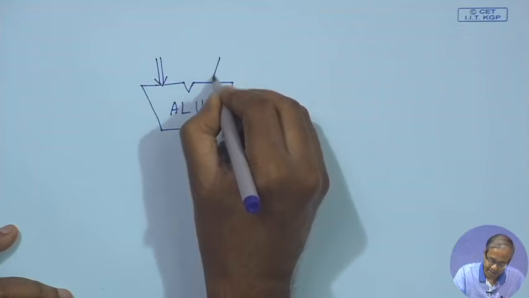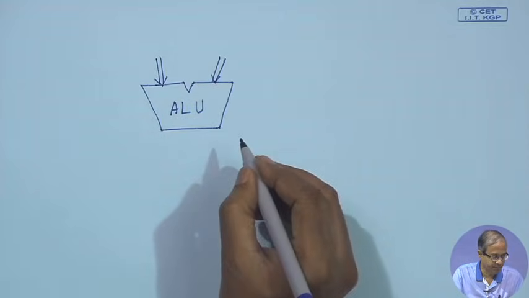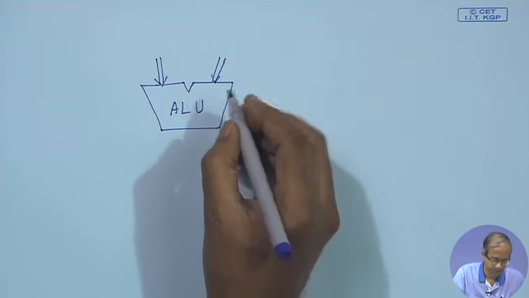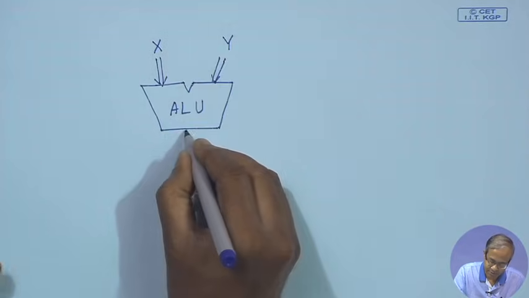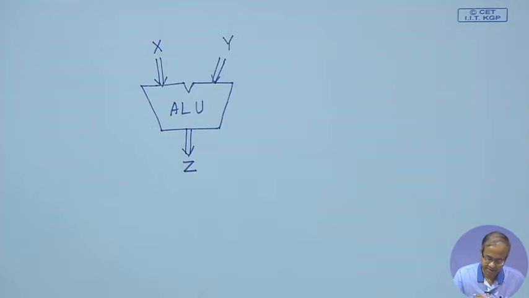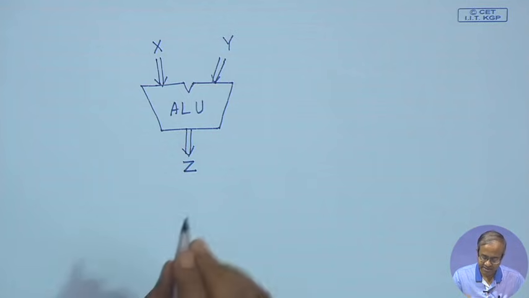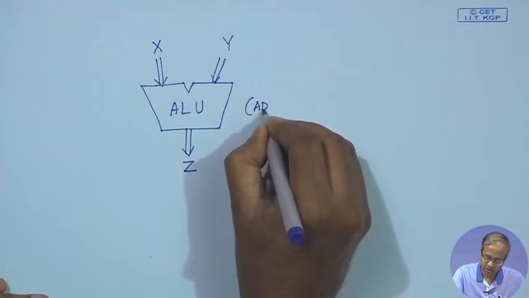The ALU will take two data as input, let us call them x and y, and it will generate a result, let us call it z, as output.